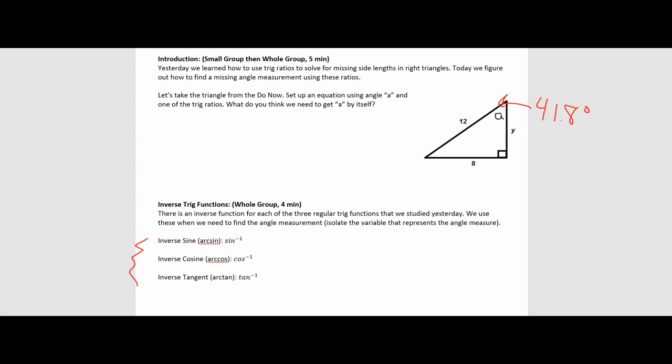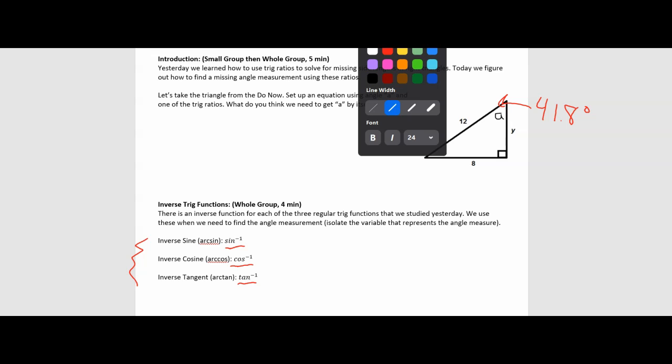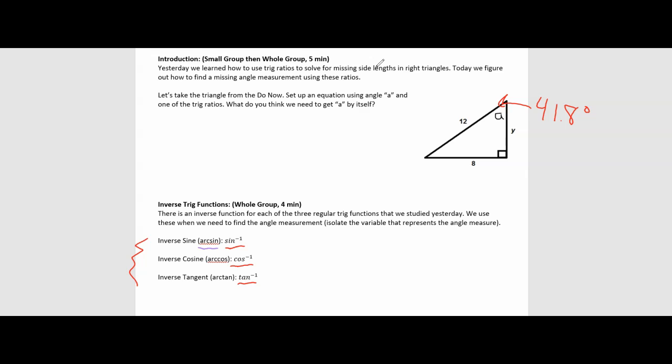We have an inverse for sine, we have an inverse for cosine, we have an inverse for tangent. 2 ways of writing these. I am generally going to write them in this notation that I've underlined in red. However, there is another notation that I'll underline in purple, and this is just read as arc sine, arc cosine, arc tangent.